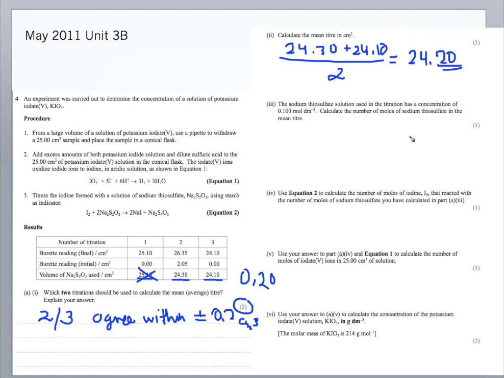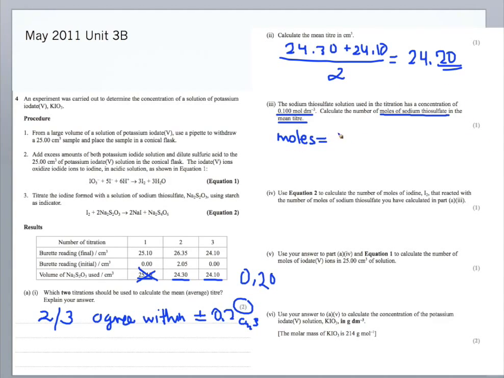The next question says the sodium thiosulfate solution used in the titration has a concentration of 0.100 mole per decimeter cubed. Calculate the number of moles of sodium thiosulfate in the mean titer. To get the moles, we know the concentration and we also know the volume from the previous questions.